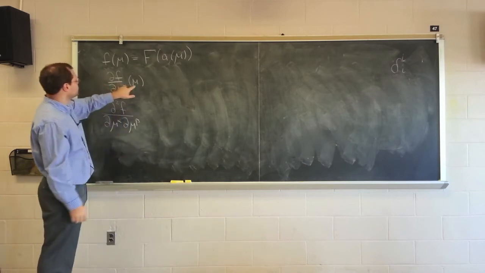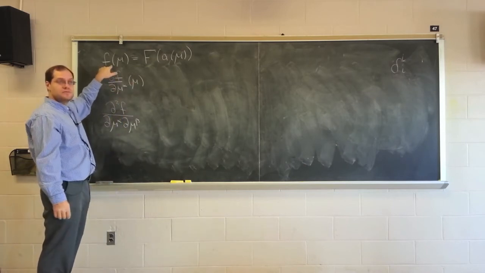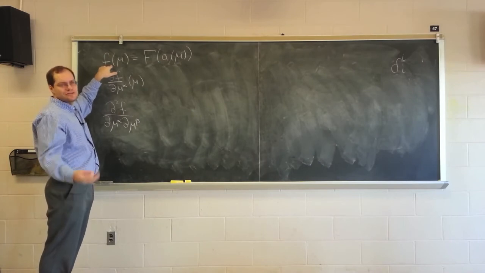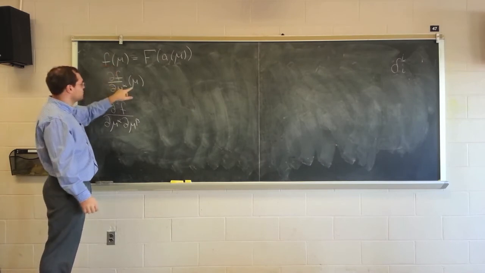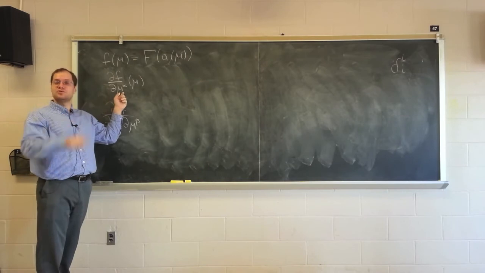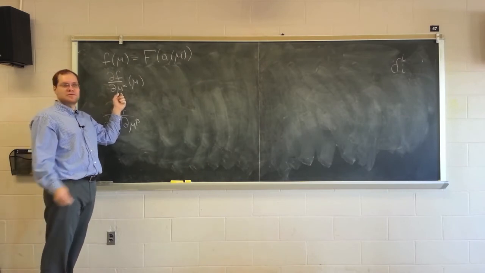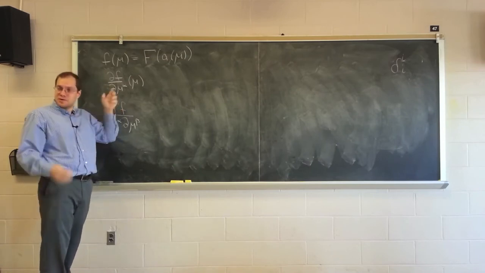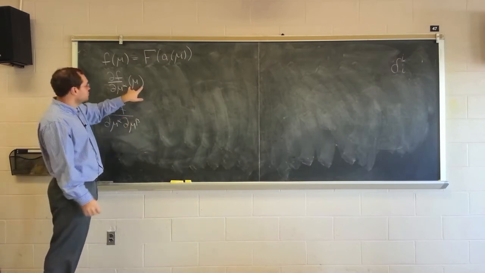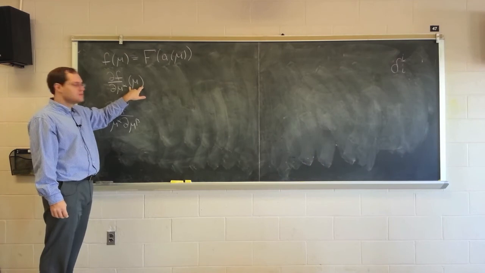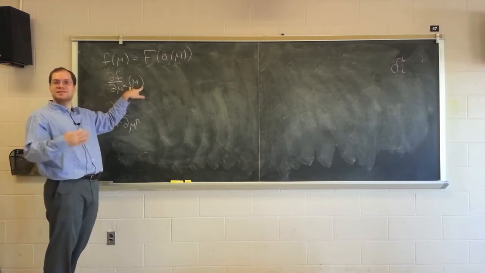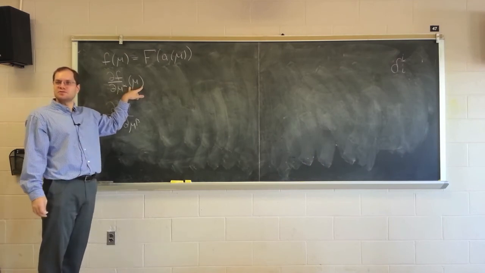If this was the square root of mu1 plus mu2, then the derivative with respect to mu1 would be 1 over 2 square root of mu1 plus mu2. And the derivative with respect to mu2 would be the same thing. But once again, a function of mu1 and mu2. So that's why I wrote this here. So it's ready to be differentiated once again with respect to mu1 and mu2.